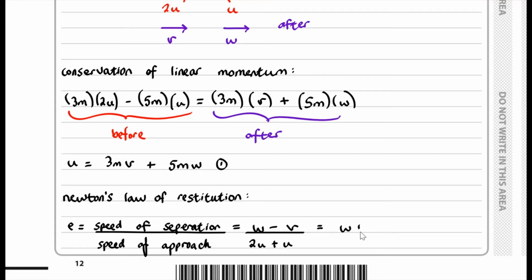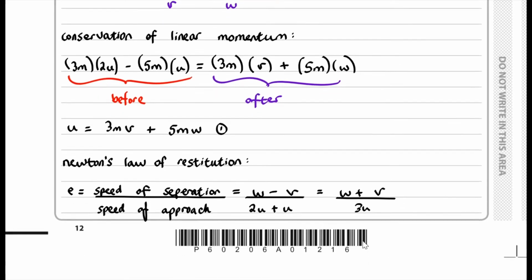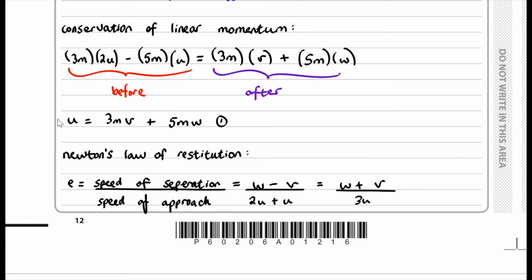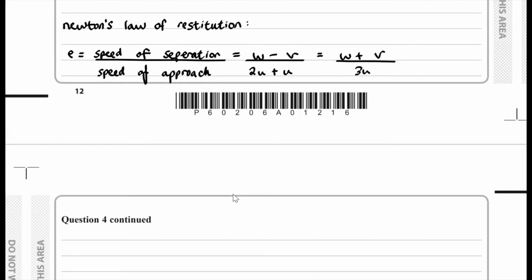So we have e equals w minus v divided by 3u. And with this, we can rearrange this equation to say that w minus v is equal to 3eu. We'll call this equation 2.